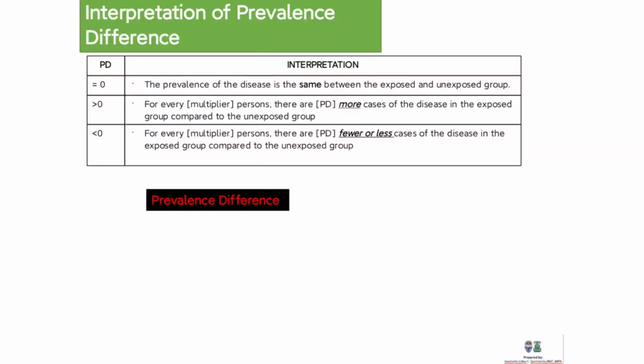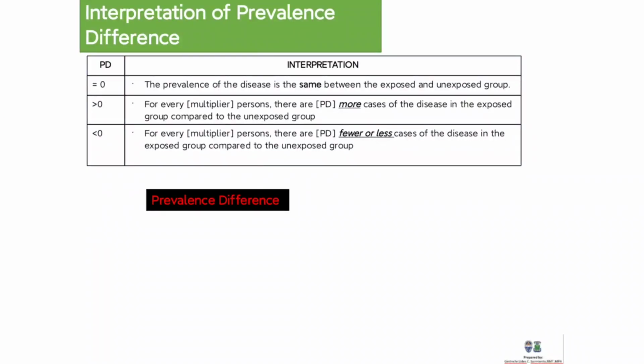If your prevalence difference naman is more than 0, okay, for every, kung ano yung multiplier mo, persons, there are blank or yung computed value mo ng prevalence difference, more cases of the disease in the exposed group compared to the unexposed group. Okay? Kapag naman less than 0, so nagkakaroon ka na ng negative values.